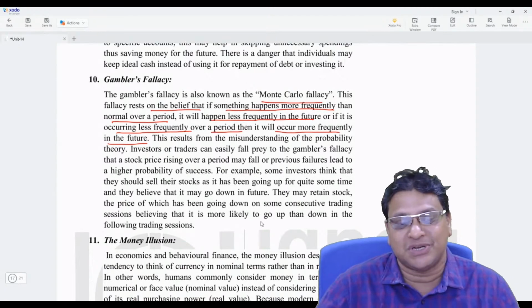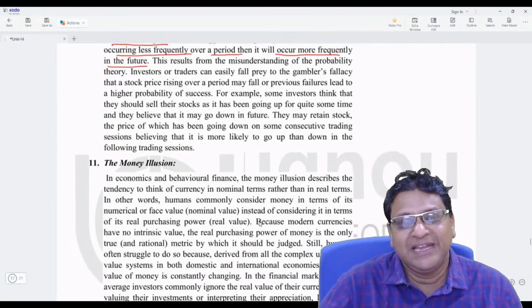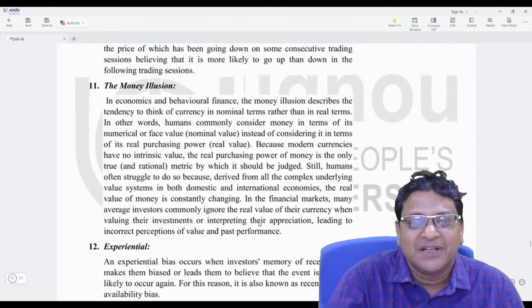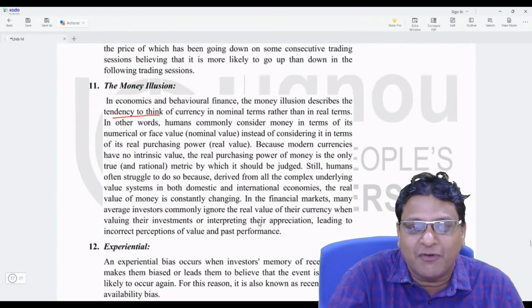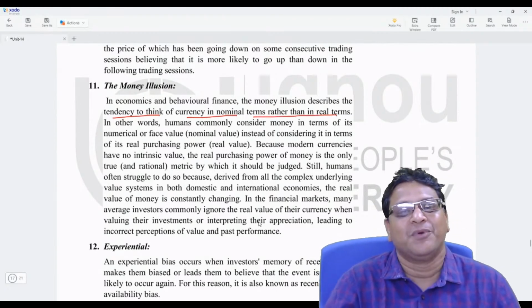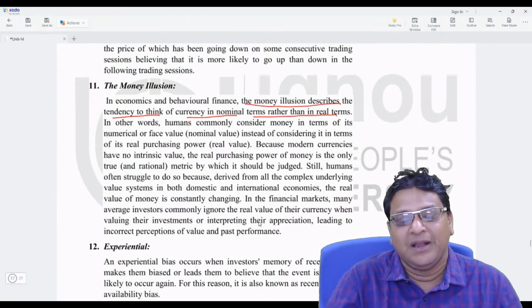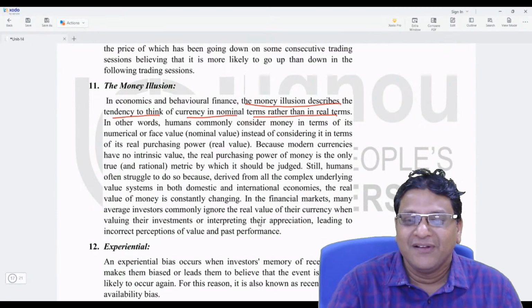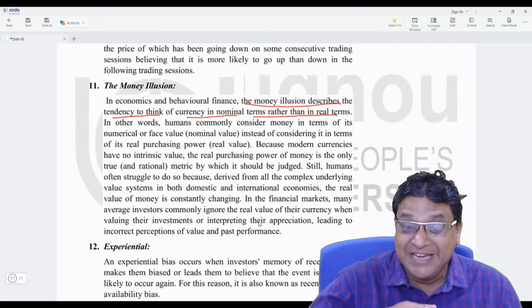Then money illusion. What is money illusion? In economics and behavioral finance, money illusion describes the tendency to think of currency in nominal terms rather than real terms. We know that people calculate money in nominal terms. They never calculate the real loss.